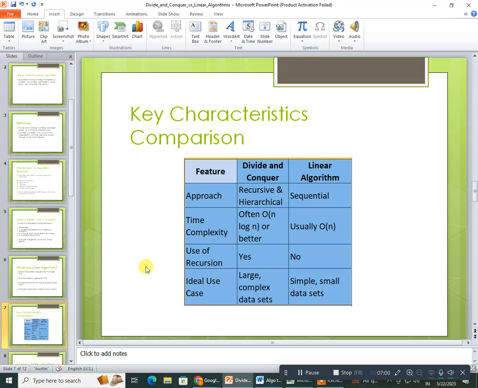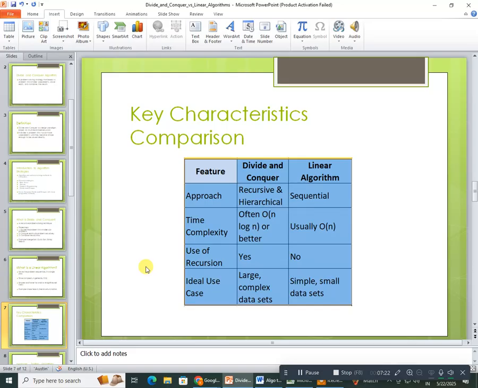Okay, so because of this it can be termed as a hierarchical problem. So it follows a tree-like approach. So it will become more clear. This approach you can understand better when we will be discussing some examples of divide and conquer in later videos.